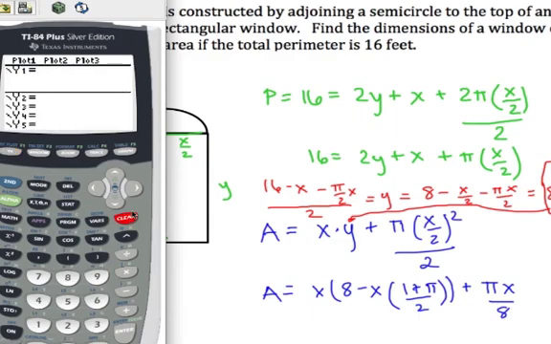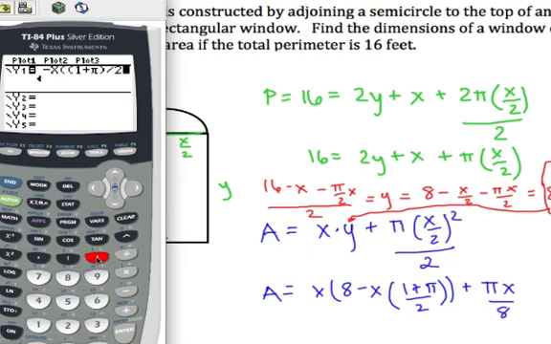Get rid of that. All right, so I have x times parentheses 8 minus x, parentheses, times parentheses 1 plus pi. To guarantee that it's on the top, I need to put that in parentheses, divide by 2.